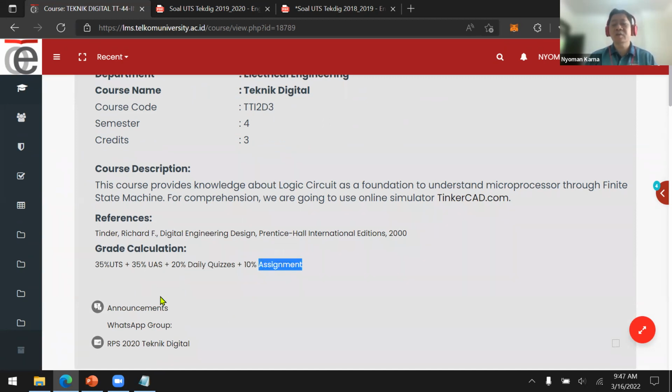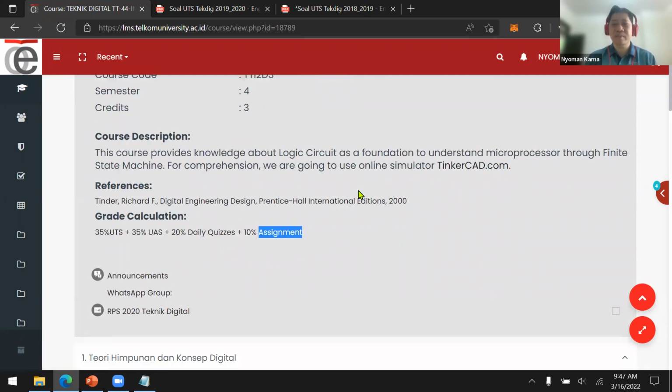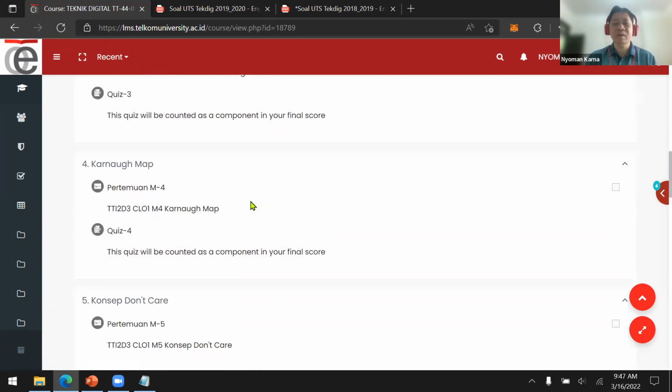So next week we're going to discuss our assignment using Tinkercad. But today you need to do quiz number 4 because the due date is today at midnight.